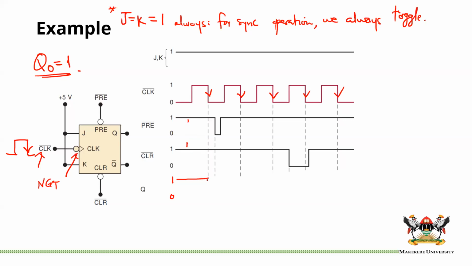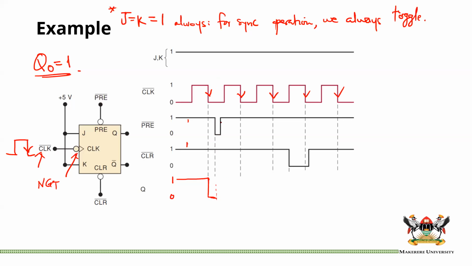So at this point, we look at our NGT. Our NGT happens at that point, and at that point, J and K are 1. So we should toggle to a 0. We were at 1, so we toggle to a 0. Now, at this point, we preset. When we preset, this input overrides the clock.